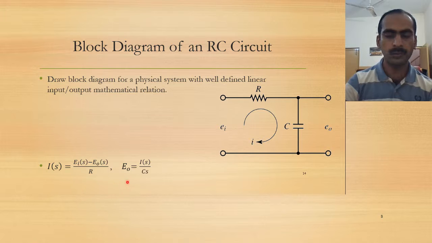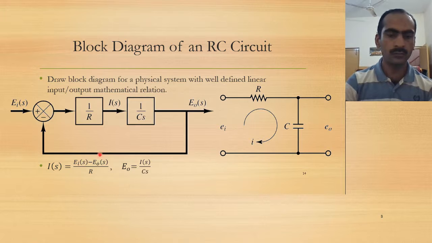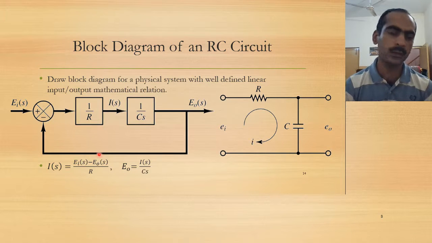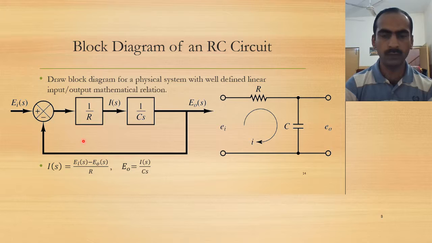And remember, we have these two equations in the Laplace domain, and we have the corresponding block diagram, which I will explain. Here is the input voltage, and the output voltage. The difference between the two comes here, Ei minus E naught.